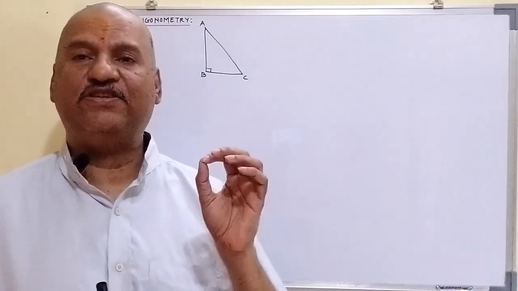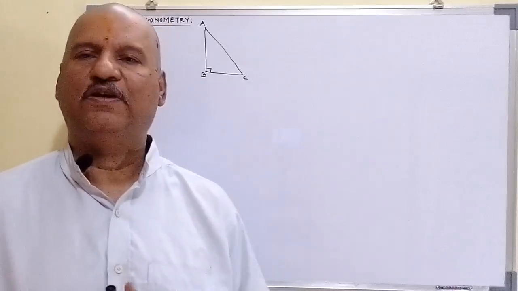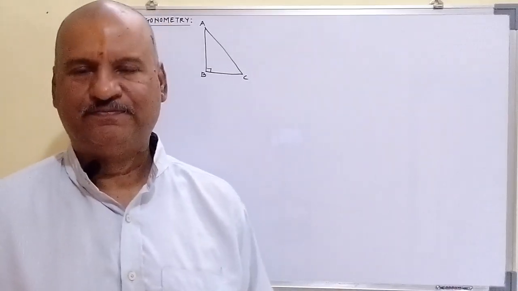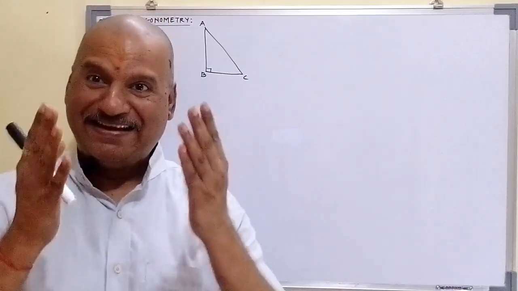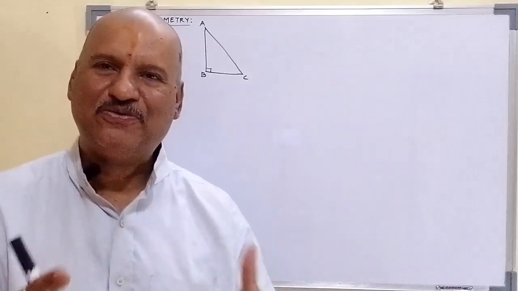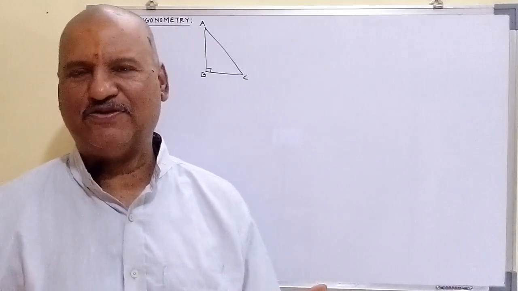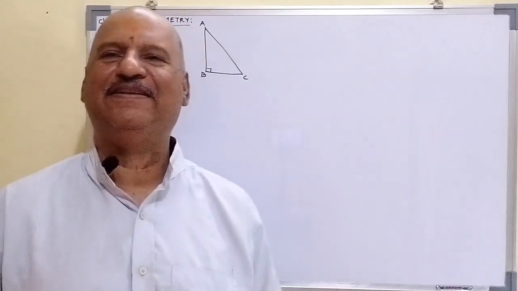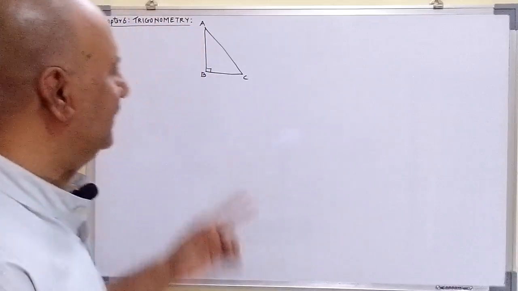It is called Ardha Jiva in Sanskrit. Ardha Jiva, sine ratio. In English, half chord. For more information, find out. Go to Google, go to YouTube, or if it is not available there, please find different books and try to refer to them.